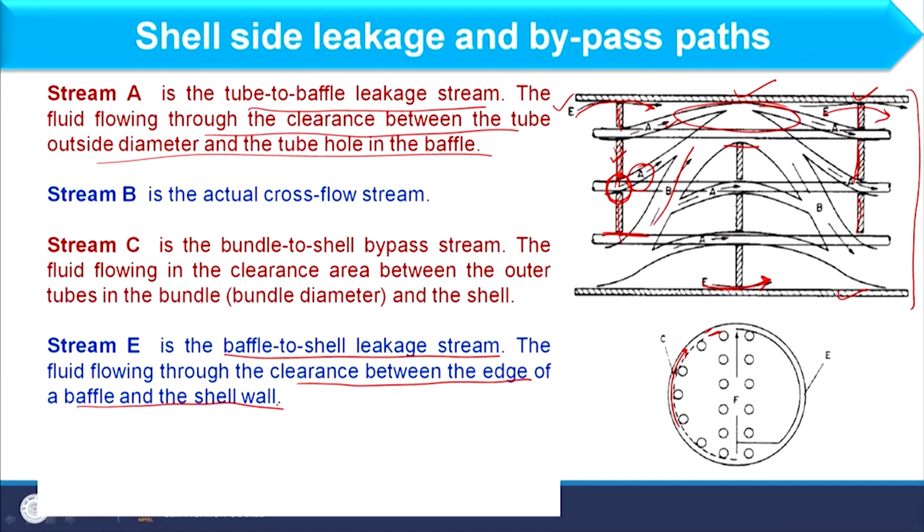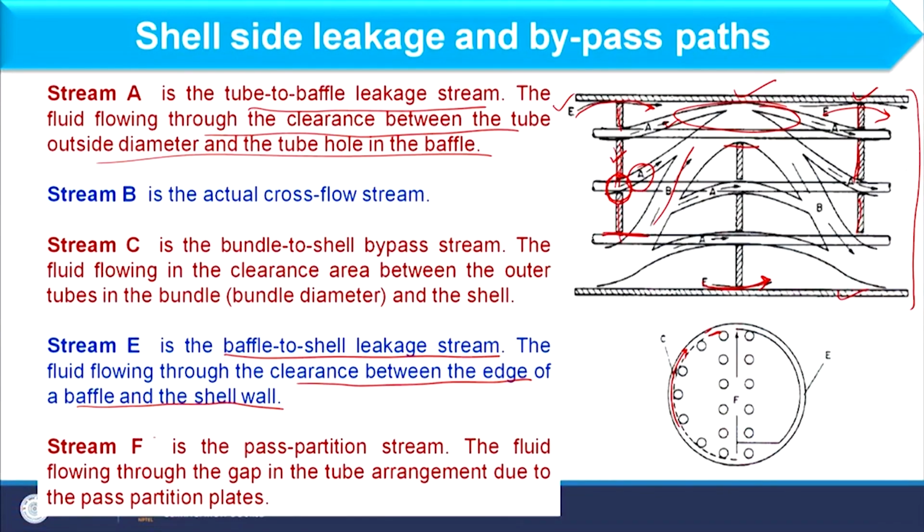Wherever this stream is available, I am not having a single tube, because that is between shell dia and baffle. So, whatever fluid is available in that gap is not participating in heat transfer. However, it will create sufficient pressure drop, fine. So, we should also consider that effect in design of shell and tube heat exchanger, fine.